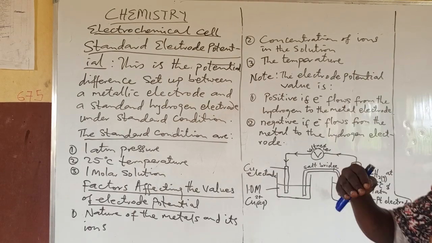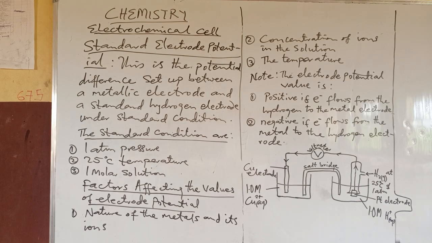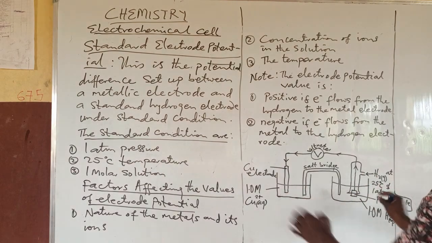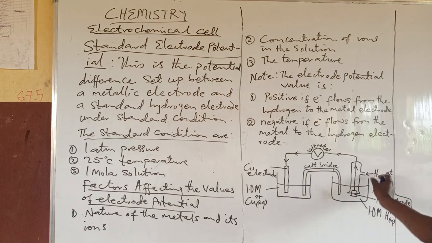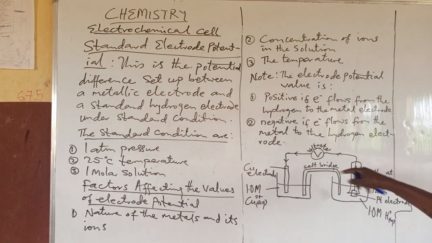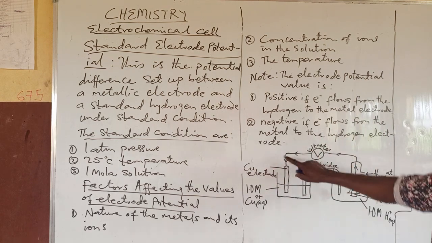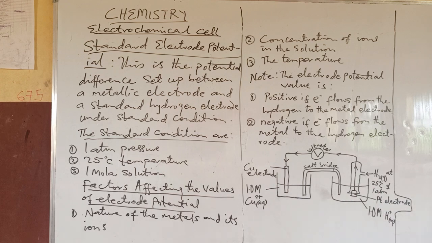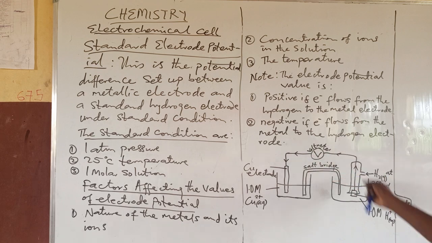Hydrogen is above copper on that series, meaning that electrons will flow from the one above to the one below, which is hydrogen to copper. But if I change copper and fix zinc, zinc is above hydrogen on that series, which means zinc will release electrons. Electrons will flow from zinc to hydrogen, and the values that come up here will change from positive to negative.